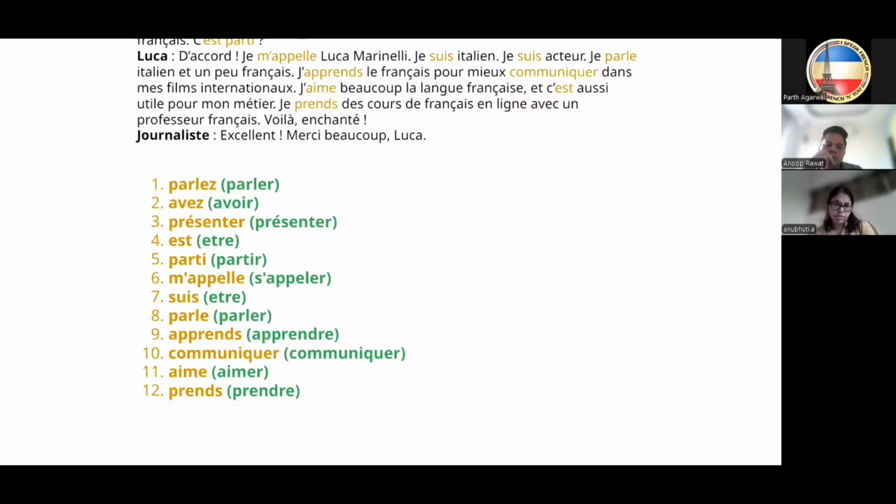Avoir is to have. Présenter means to present. Être means to be. Partir means to leave. Apprendre means to learn. Communiquer is pretty common in English also, to communicate. Aimer means to like, as Anubhuti already shared.